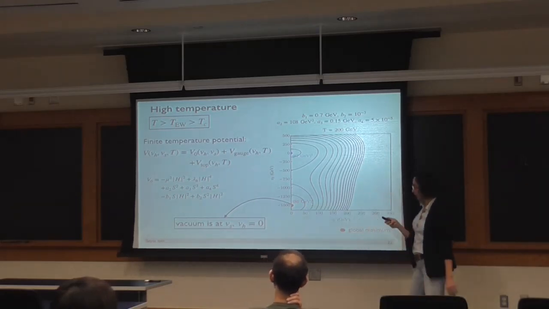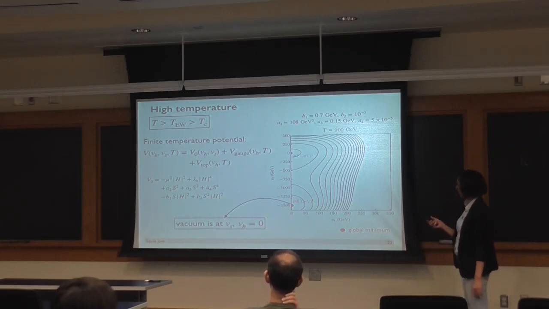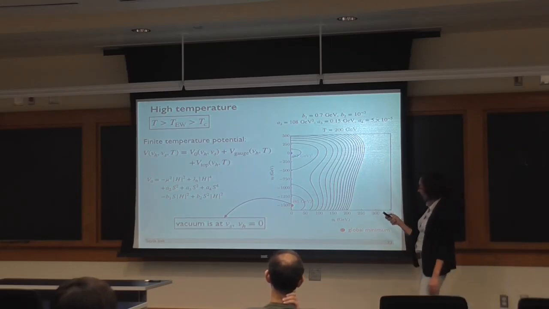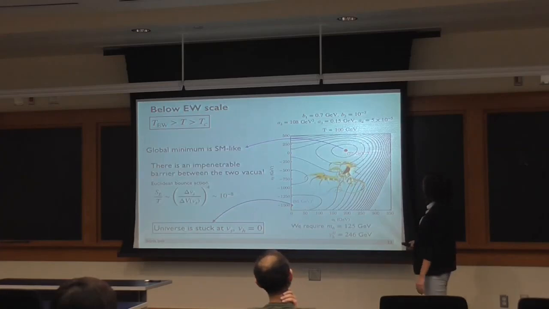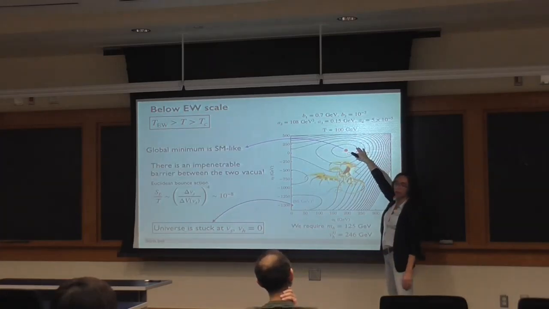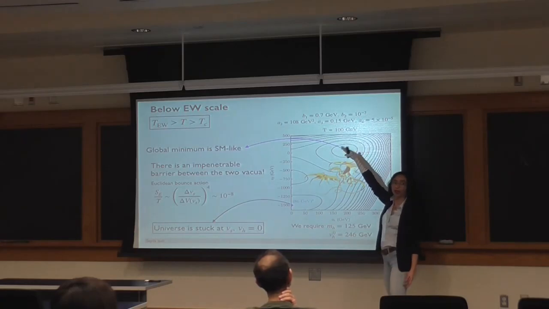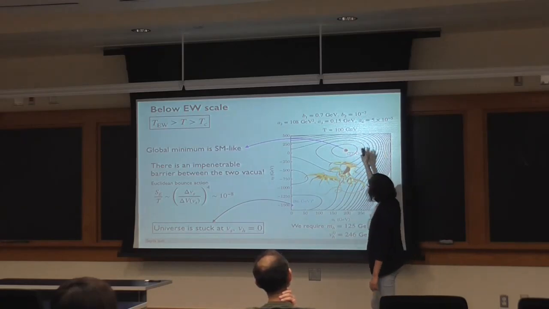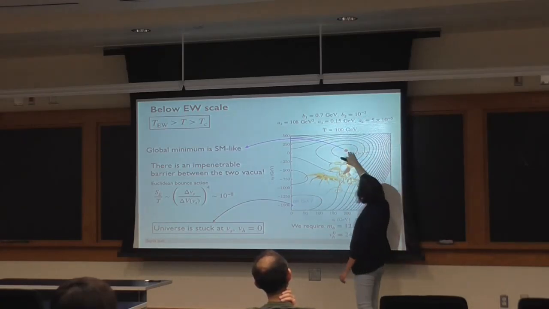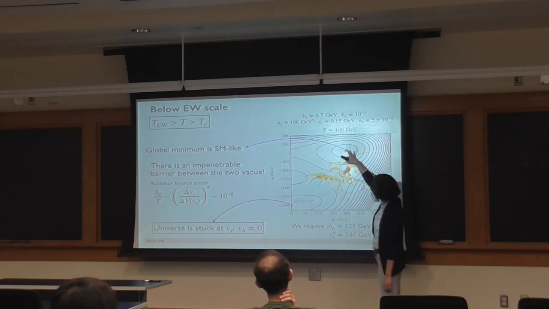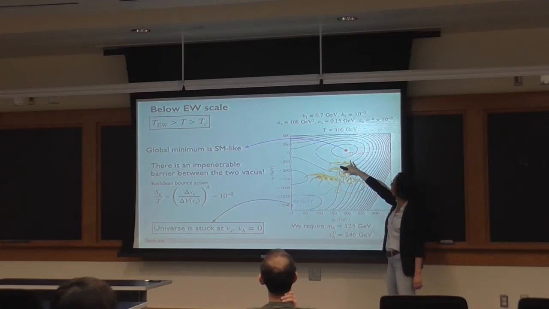So at very high temperatures you are in the electroweak symmetric phase, and your singlet has a vev. As the temperature gets lower, especially when it falls below 150 GeV or so, the global minimum actually changes. The global minimum is here, where the Higgs has a standard model-like vev.